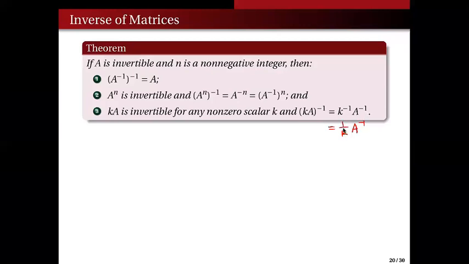This guy here, 1 over k, makes sense to us because k is just a number. 2 raised to negative 1 is just 1/2. So you can do that for scalars. But for matrices, you cannot put the matrix as a denominator of some division, which is not valid.